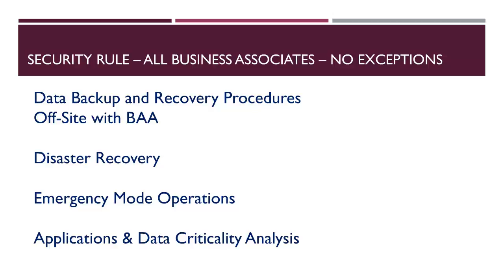Make sure that that backup is tested on a routine basis to ensure that it can provide the exact backup. You should also have on-site and off-site backup if available. Disaster recovery operations, emergency mode operations, and an analysis of how critical your applications and data are.